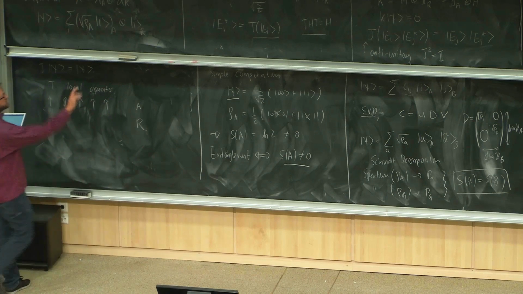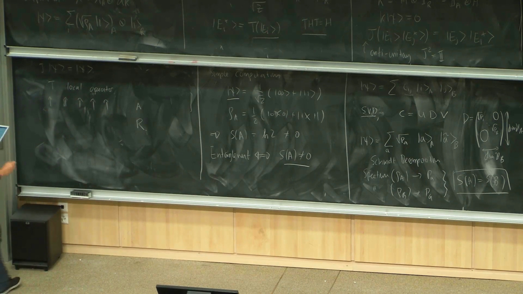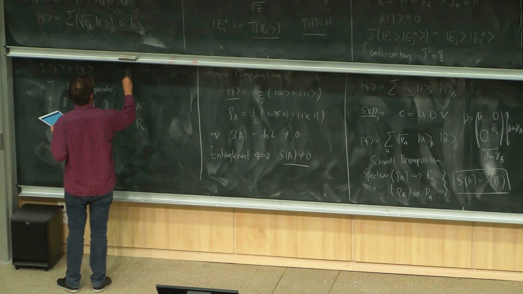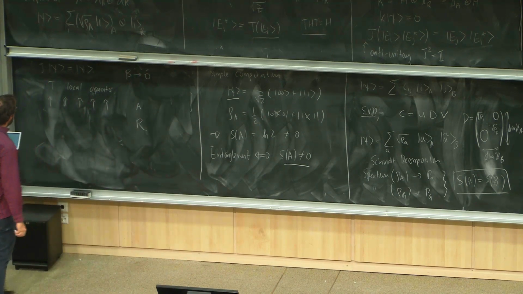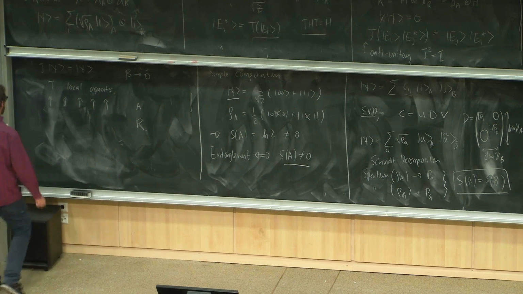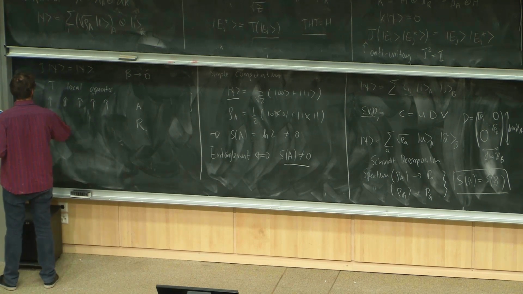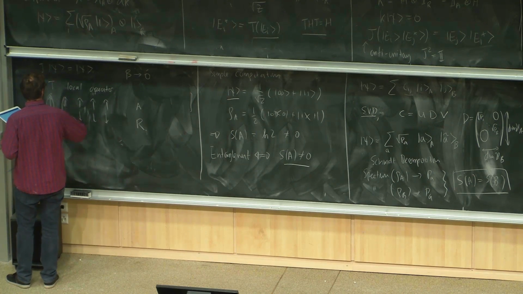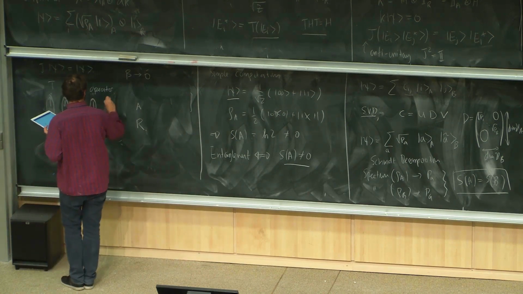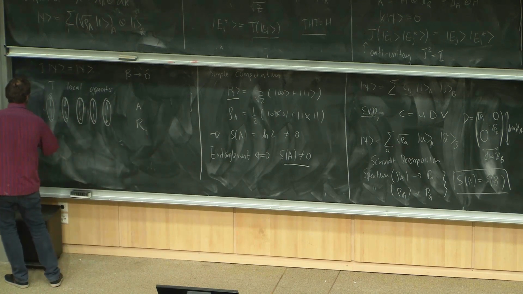And then I looked at this thermofield double state as I send the temperature to infinity, which means beta is going to 0. Then you get a state where you have EPR pairs that line up locally.